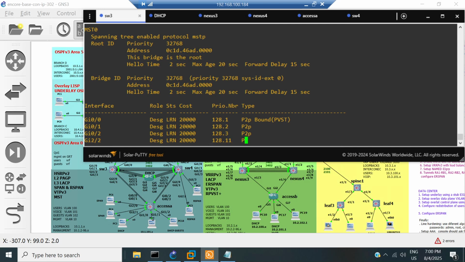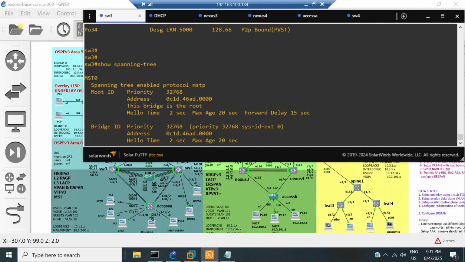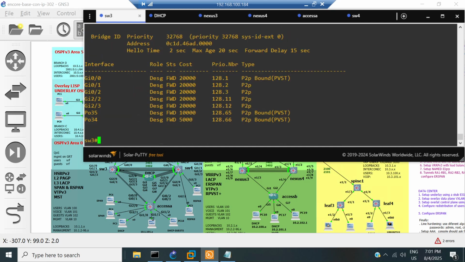and we are still in the learning state. We have to wait until reaching the forwarding state. Okay, we can see that we are bound to per VLAN spanning tree.